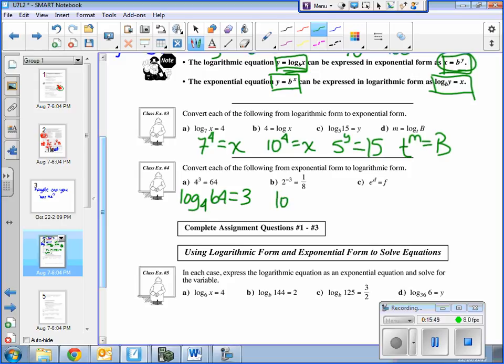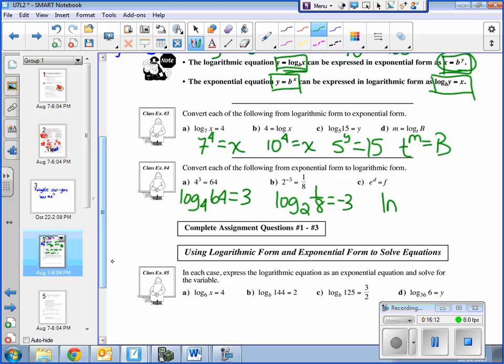So log, what's my base? What's my argument? Equals? If my base is e, can I rewrite this using something different? Yeah, natural log. Natural log, do I have to write the e here?